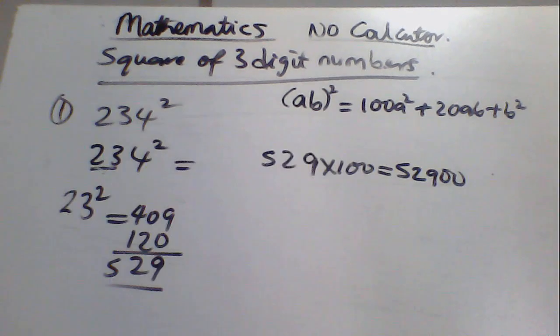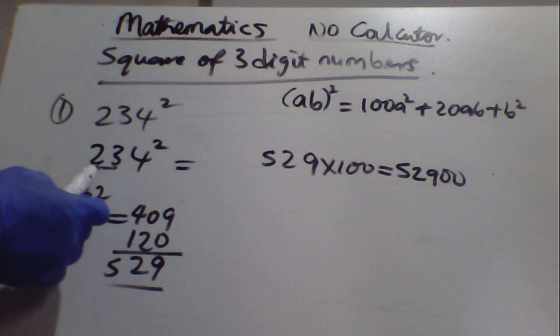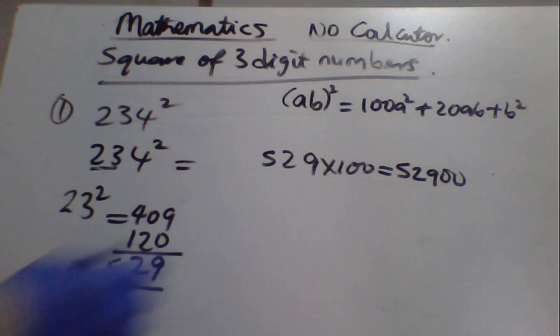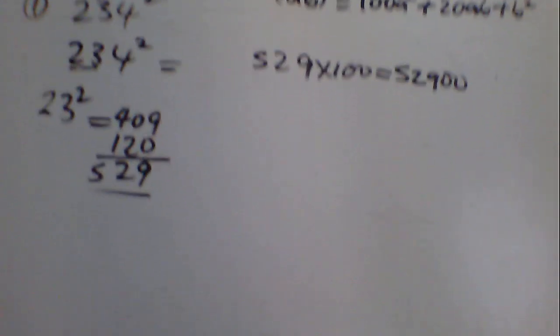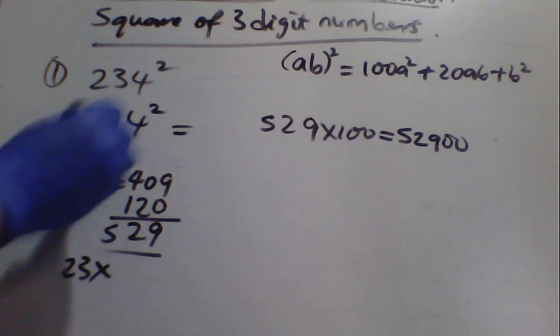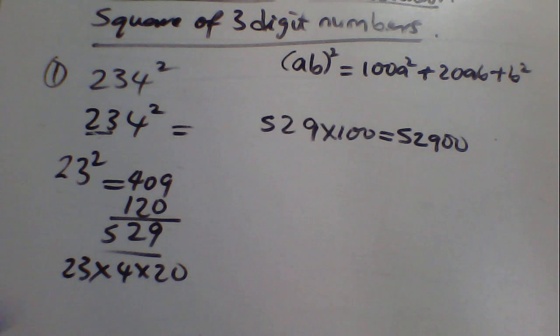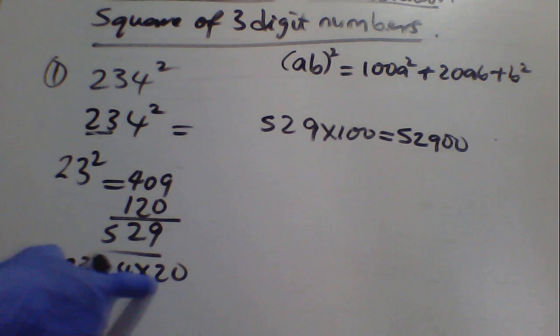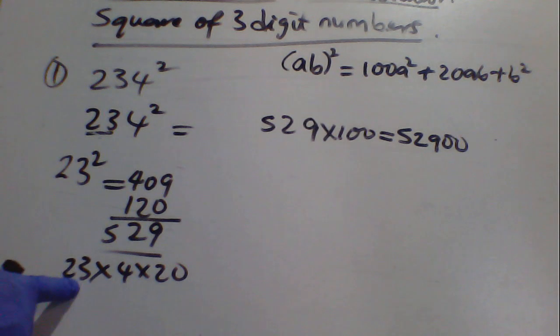52900. The next step is to multiply 23 by 4. That is 23 times 4 times 20. So 4 times 3 will give us 12.